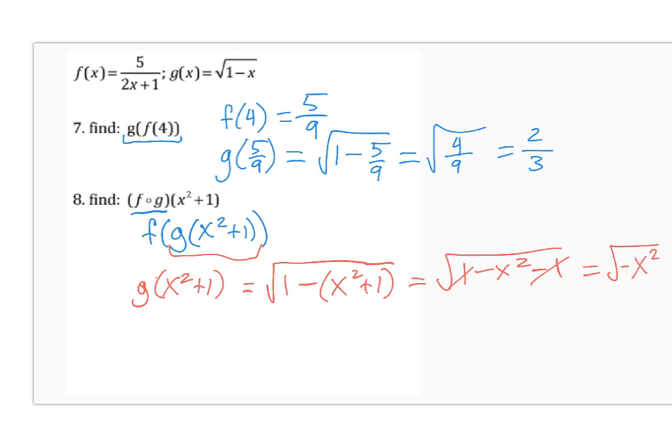I want to take you through a little bit of logic here. X squared is always positive. If we make a positive number negative, we end up with a negative inside a square root, which gives us a non-real answer. So that's the issue that we were looking at. Because of that, we're not going to continue going through here.